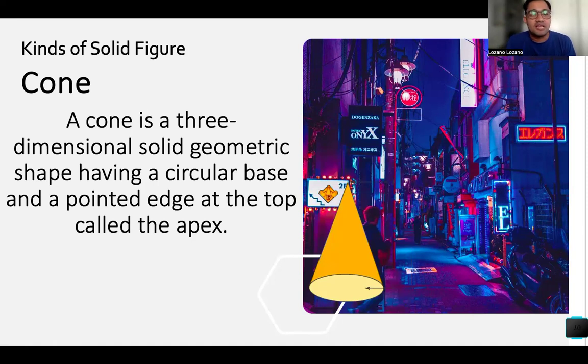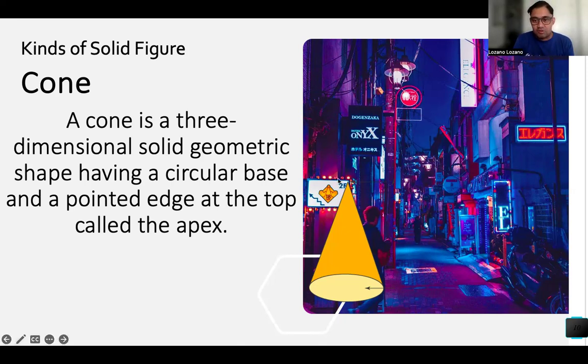And also a cone. Okay, so we have a cone. A cone is a three-dimensional solid geometric shape with a circular base and a point on the top that we call apex.